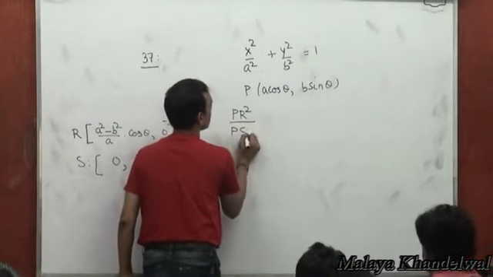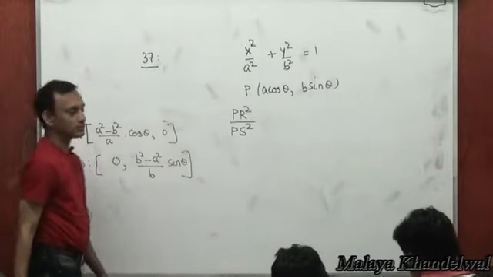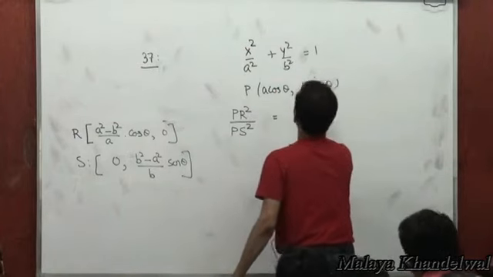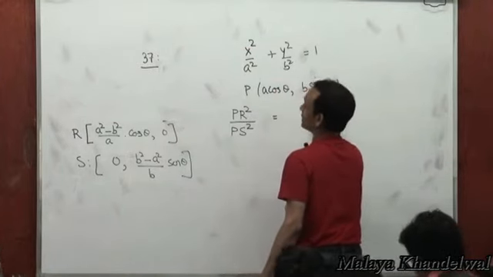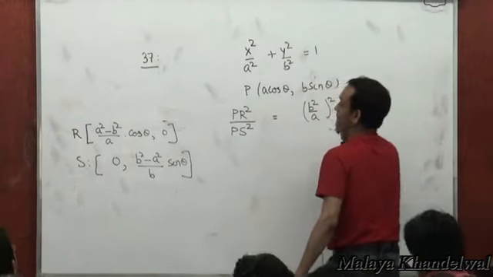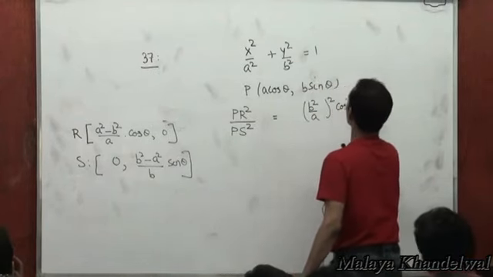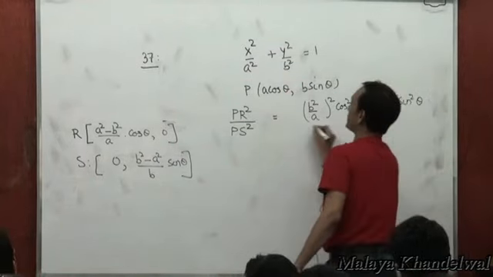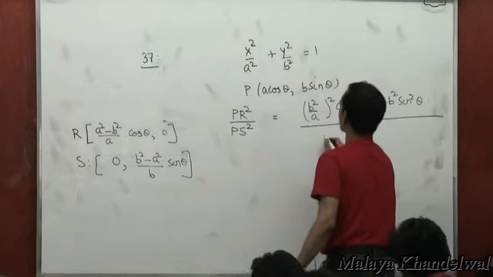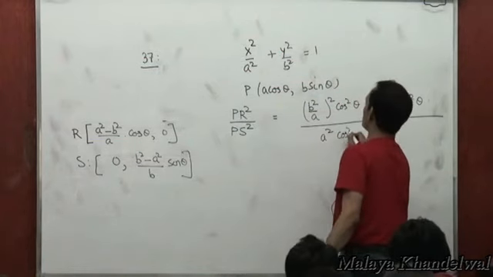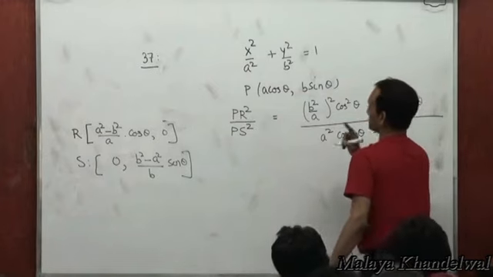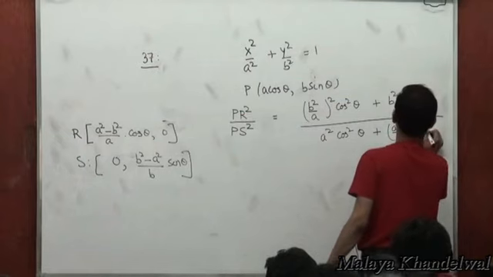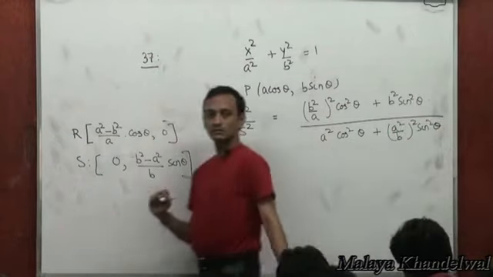PR squared by PS squared, realize, is b squared by a whole squared cos squared theta plus b squared sin squared theta. By the distance formula, PR squared and PS squared is a squared cos squared theta plus a squared by b whole squared sin squared theta.